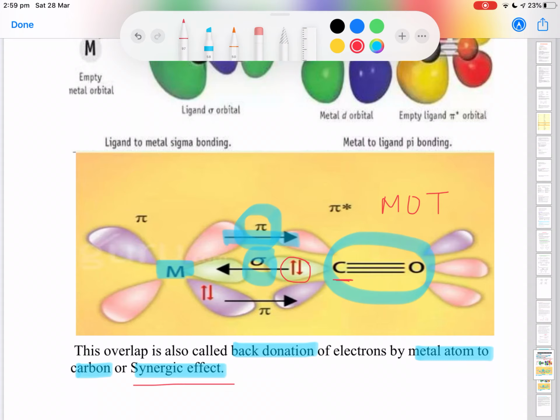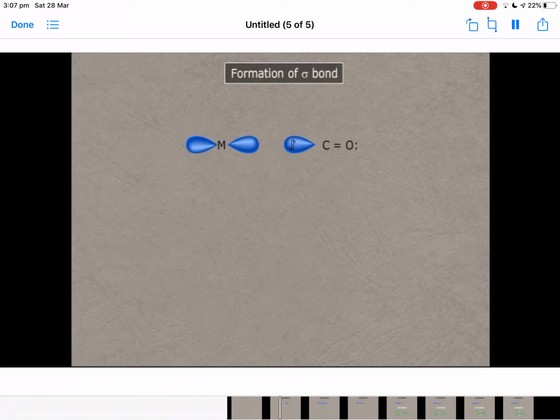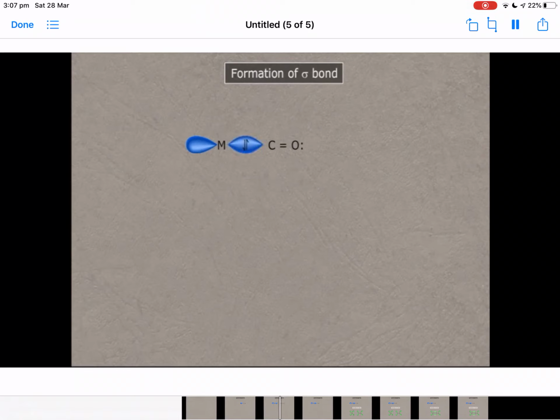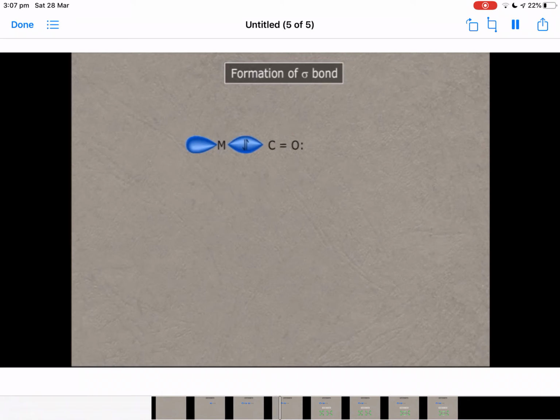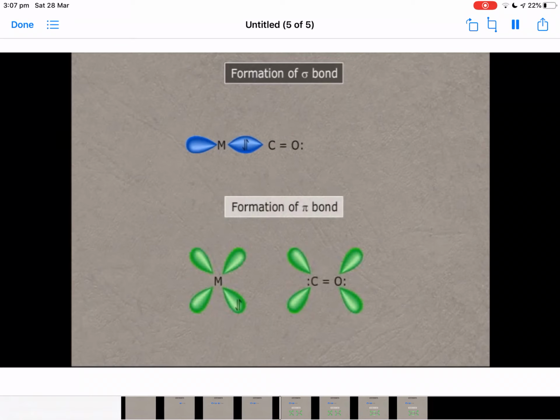Yes, children, we are going to see the 3D model of the formation of sigma bond and the pi bond. Now in this figure you can see how closely carbon monoxide as a ligand approaches the metal atom to donate its lone pair of electrons, and that's the sigma bonding. Now when we talk about the formation of pi bonding, it's just the reverse, which is the back bonding.